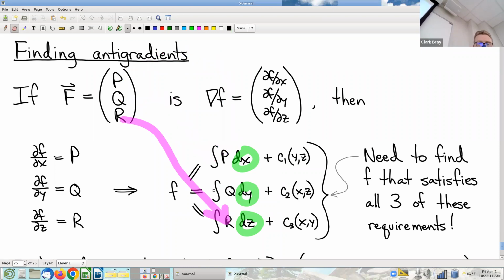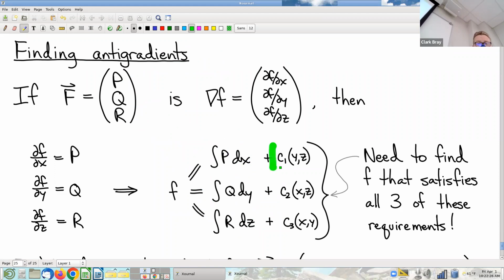All right. Now, where it gets a little confusing, whenever you talk about antiderivatives, of course, there are integration constants. When you're talking about partial derivatives, the integration constant is what we call a partial constant, right?